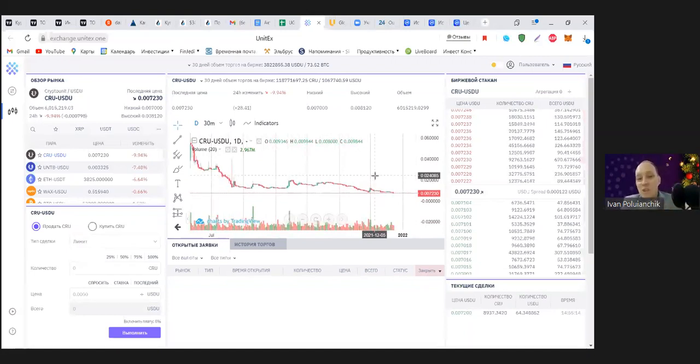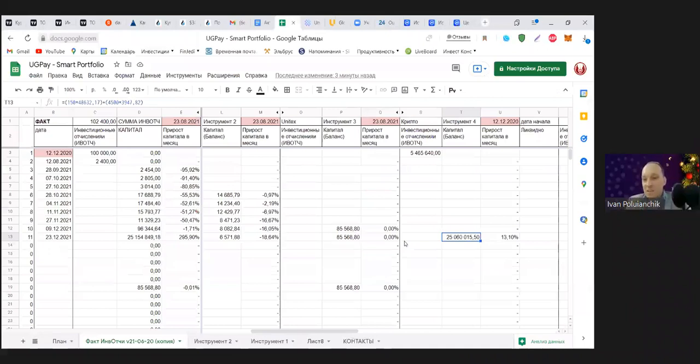So the cost of the assets inside the portfolio increased by a factor of 5, but the price of the token decreased several times. And I wanted to understand why I'm buying our assets, because I fully realize and I fully see that what is included in the composition of our portfolio is growing at an incredible pace.